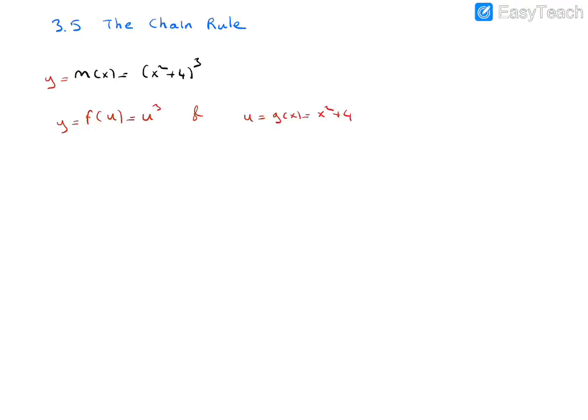So if you consider the composition of these two functions in the following form: y equals f of u, u is g of x. So in the u we write x squared plus 4. So we obtain (x squared plus 4) to the power 3. So this function is exactly m of x. m of x is the composition of the two functions f and g.